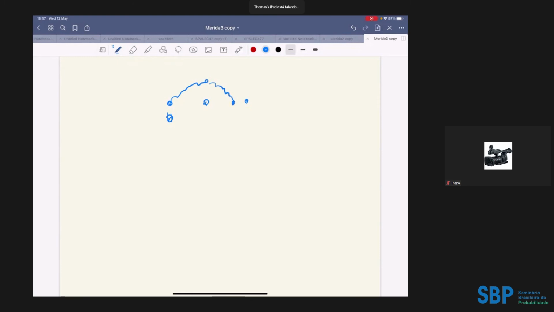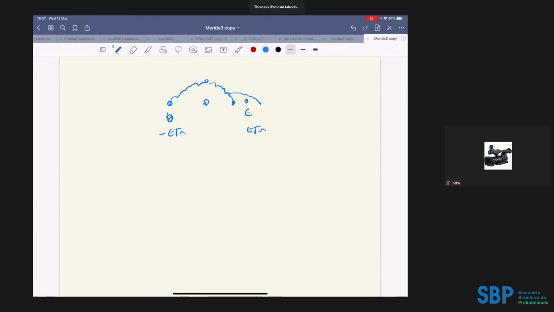Now, if this process dies out before epsilon, that means you hit minus epsilon square root of n before you hit epsilon square root of n. If it doesn't die out before that time, you hit epsilon square root of n before minus epsilon square root of n.